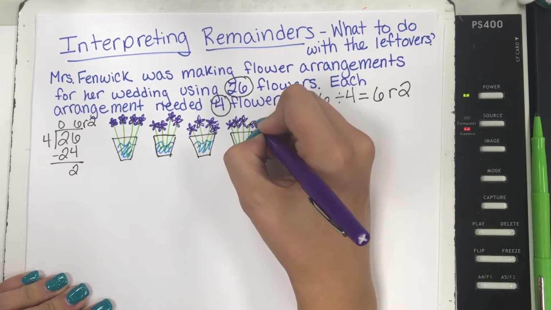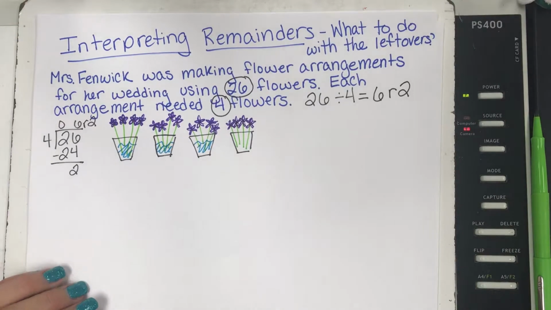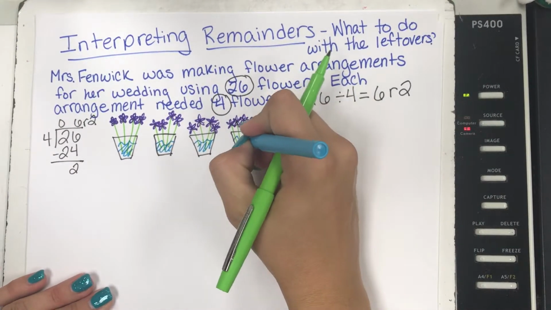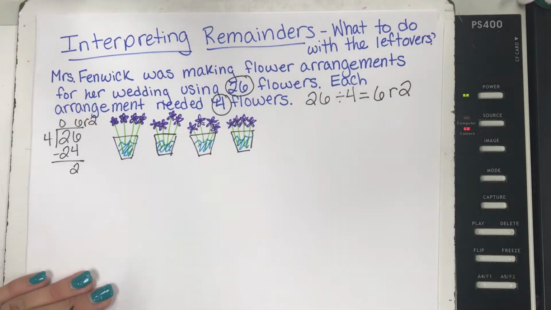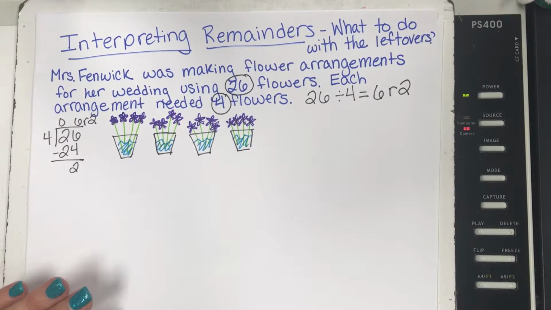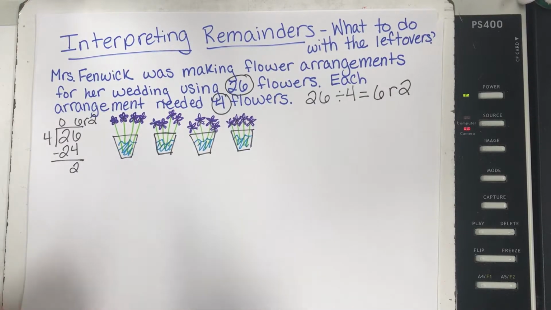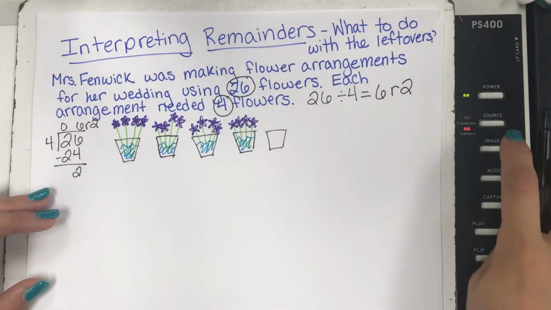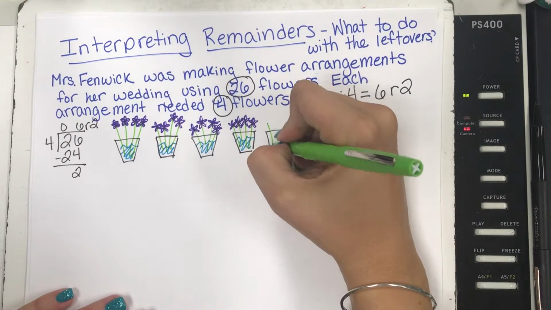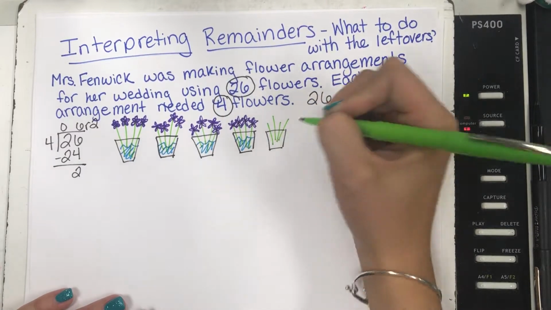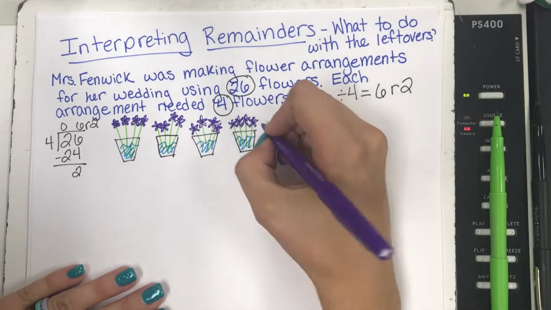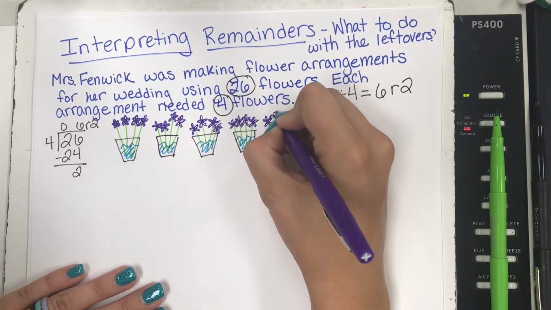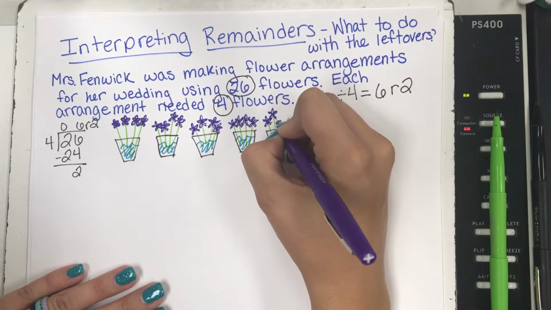All right. So here, have I used all of them yet? If I have my 4 vases? No. Nope. I've only used 16. If I use one more vase, how many flowers do I have? 20. 1, 2, 3, 4, 5.